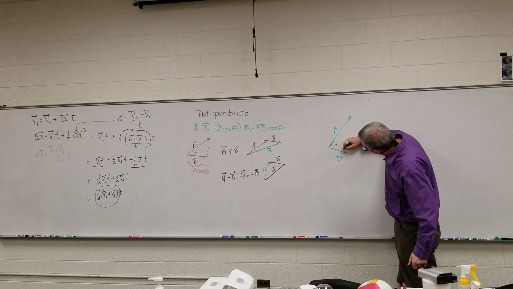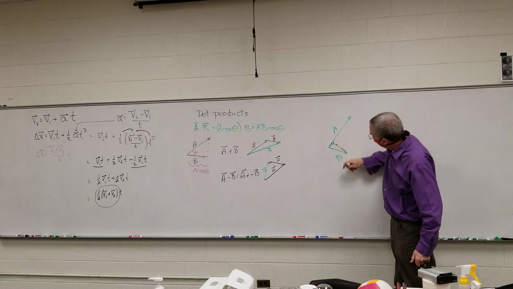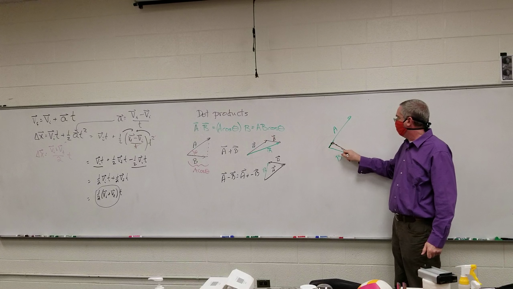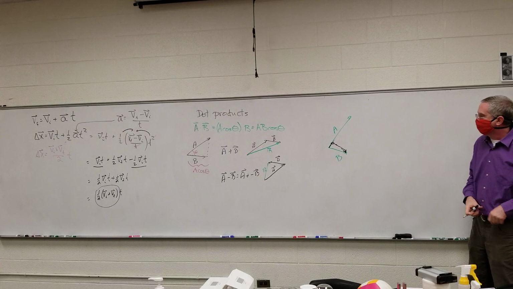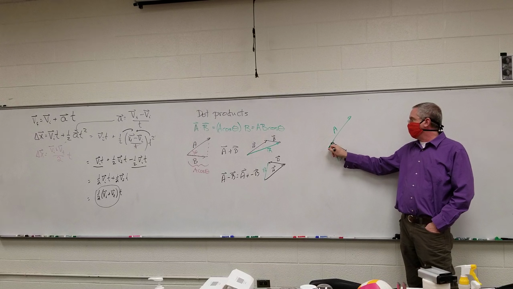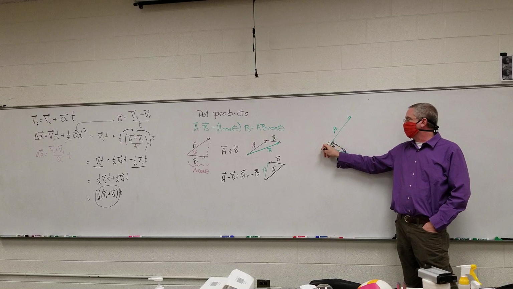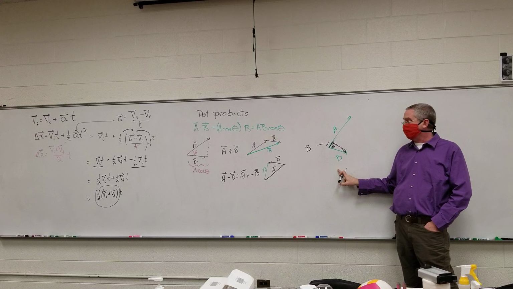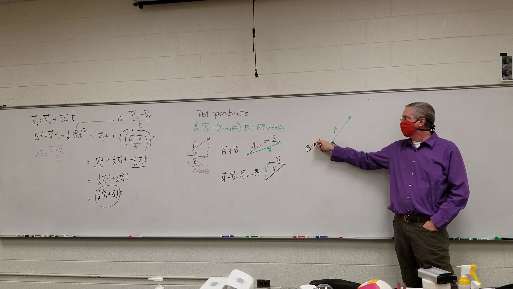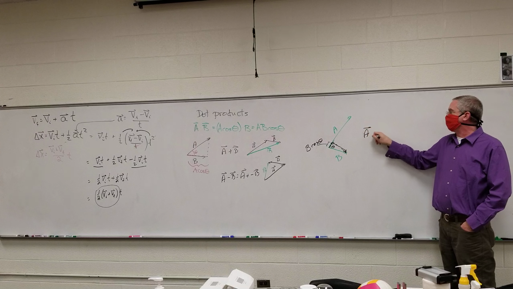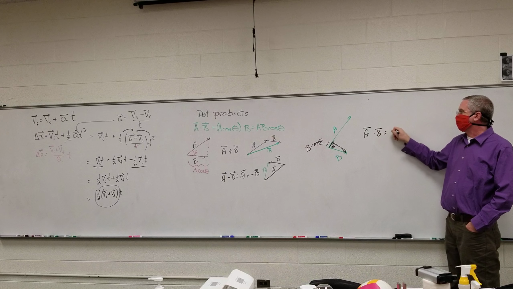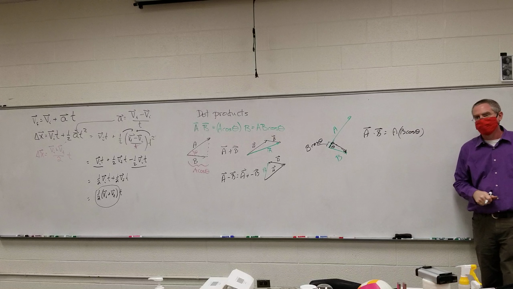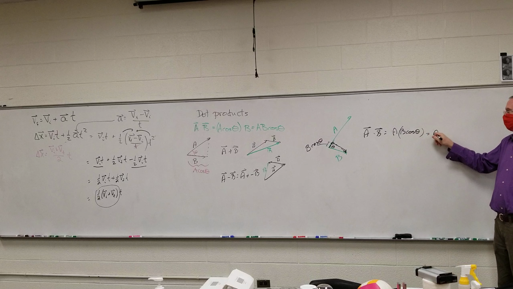If the angle between them is theta, this small side right here is just the hypotenuse, the magnitude of B, times the cosine of theta. And so my dot product A dot B is just A times B cosine theta, or, as more traditionally written, AB cosine theta.